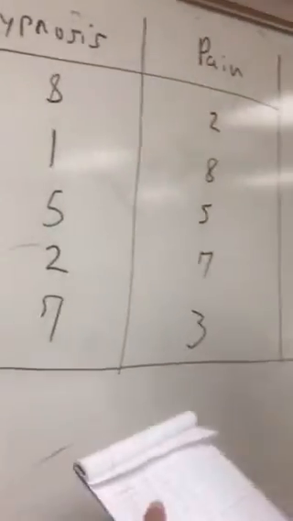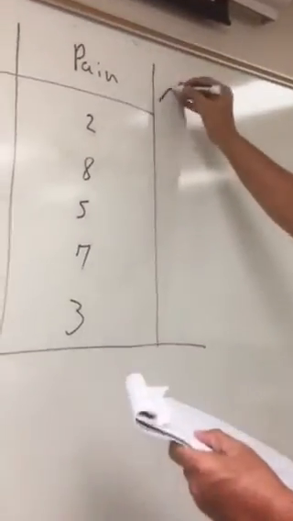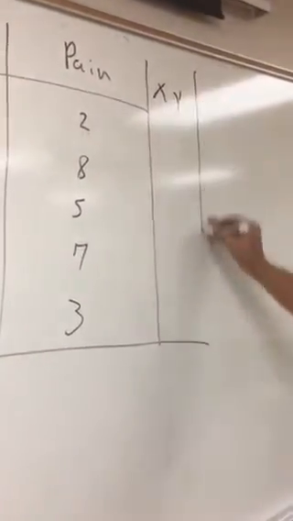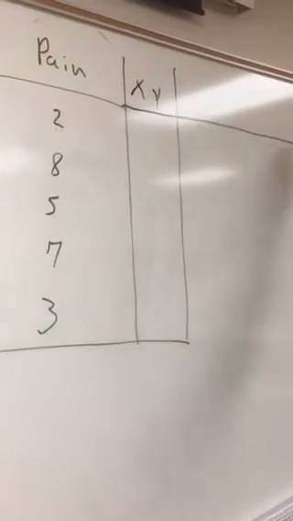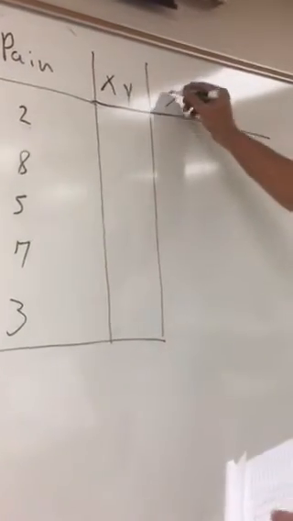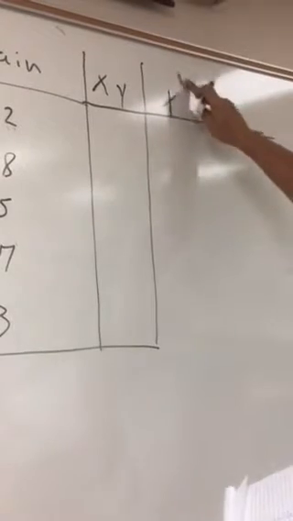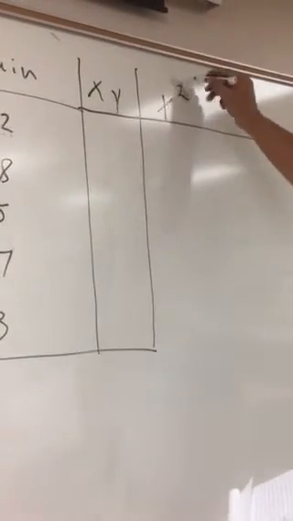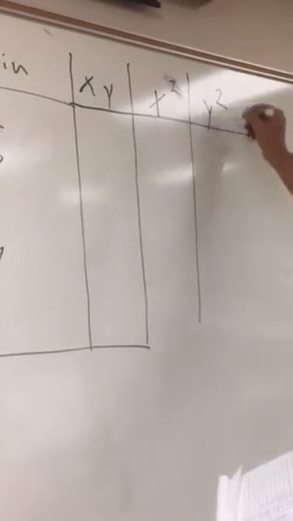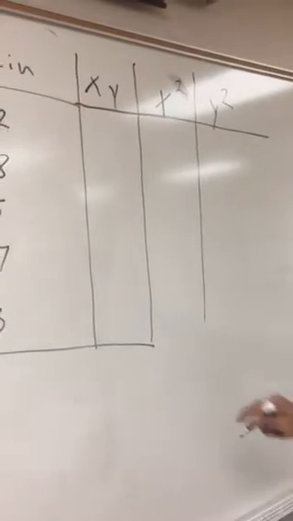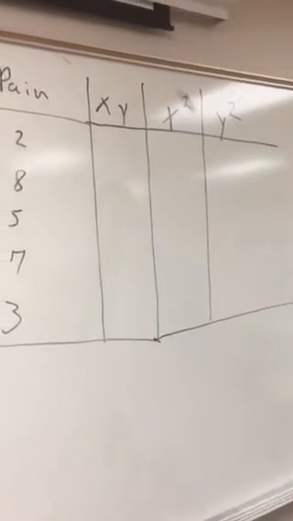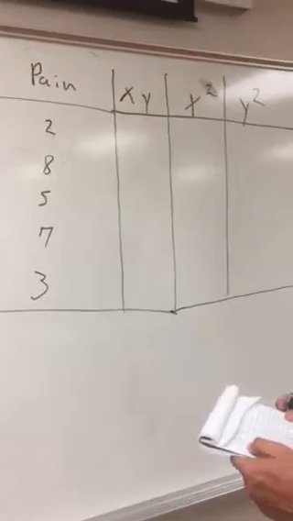So I'm going to make some brackets here. This one is going to be x and y, this one's going to be x squared, and this one's going to be y squared. That should give me the data that I need to fill out my form.